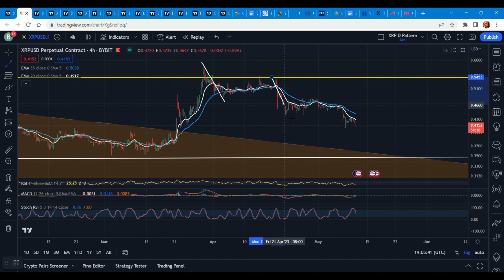Let me just map again these shorts that were available here on the 4-hour. We had a short position here on the 4-hour, we had a short position here on the 4-hour, and we had a short position here on the 4-hour.